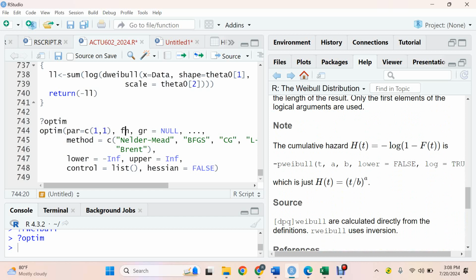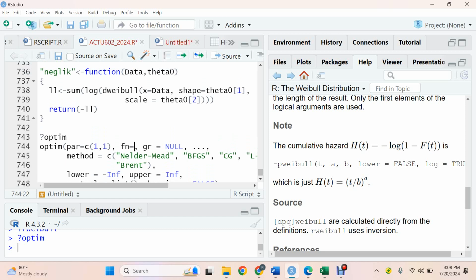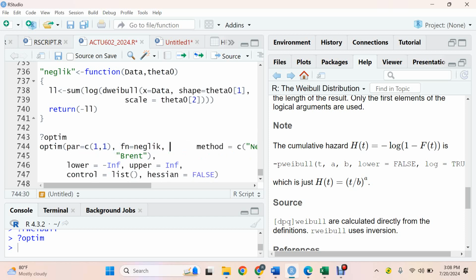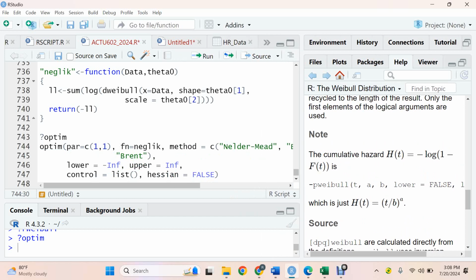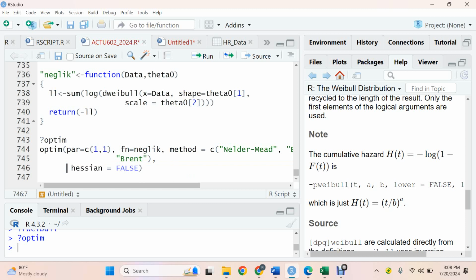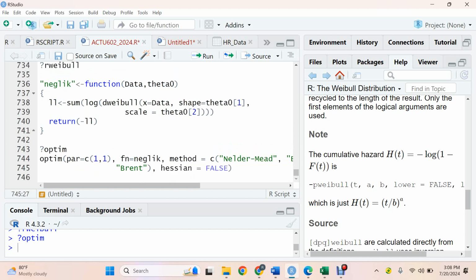Then the function that we want to minimize is the negative log likelihood. The gradient, we can take it off. We don't need it. The method, the default one is Nelder-Mead, so I'll leave it like that. But it means that I will not need the upper and lower limits. The Hessian, I may want true, so I try it.